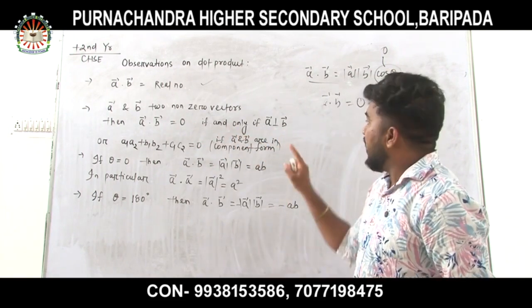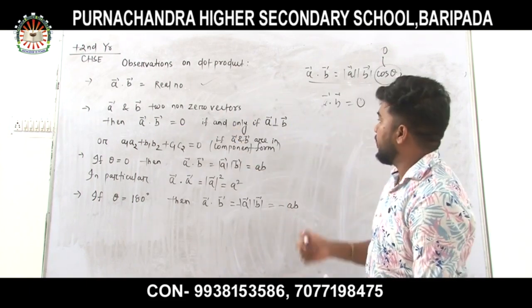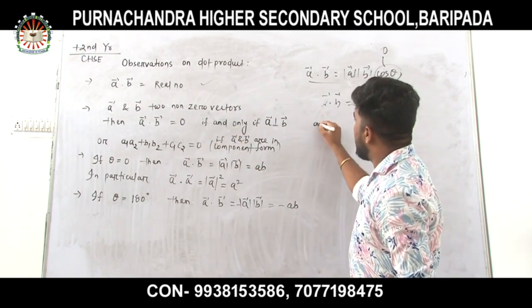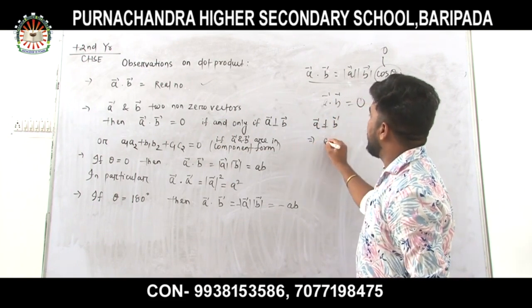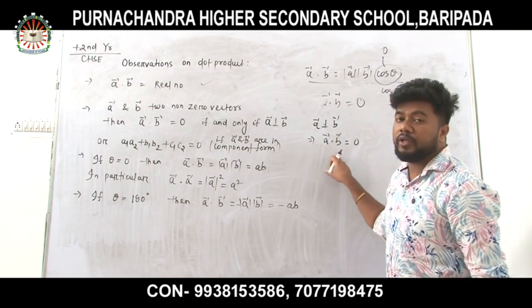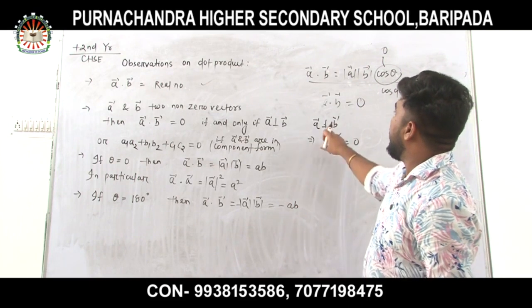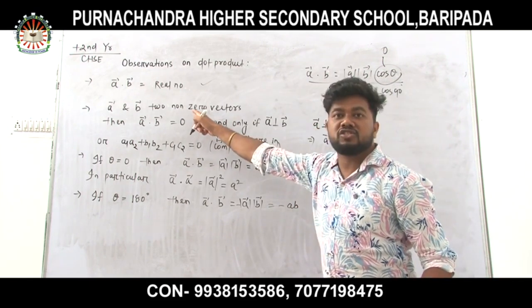That means if A is perpendicular to B, then A dot B equals 0. In reverse, if A dot B equals 0, then A and B are perpendicular to each other, if A and B are two non-zero vectors.